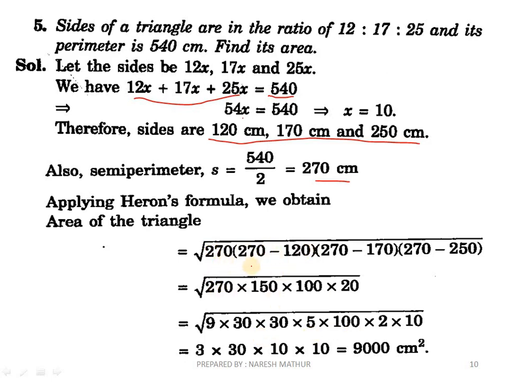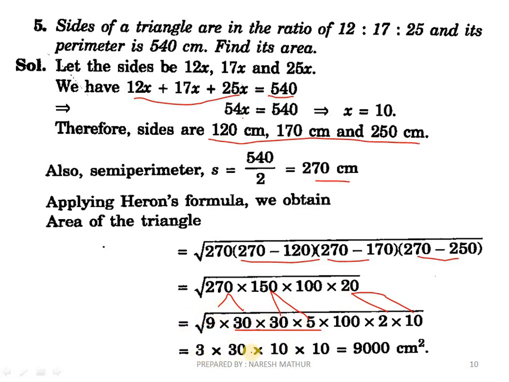270 into 270 minus 120, 270 minus 170, 270 minus 250. So we have these numbers. 270 can be written as 9 into 30, 30 into 5. 100 is already a perfect square, just leave it, and 20 can be written as 2 into 10. So we can make a pair of 30. 9 is a perfect square, so we'll write 3.